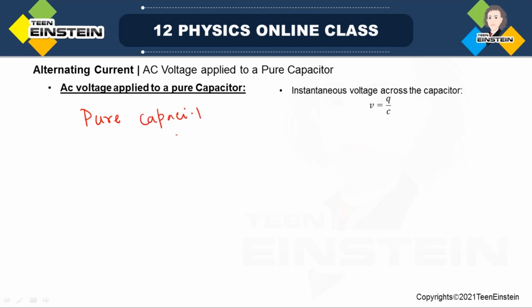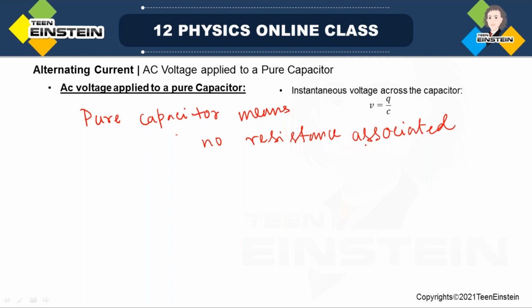As I said, pure capacitor means no resistance associated with a capacitor.